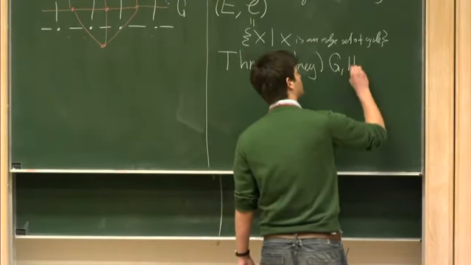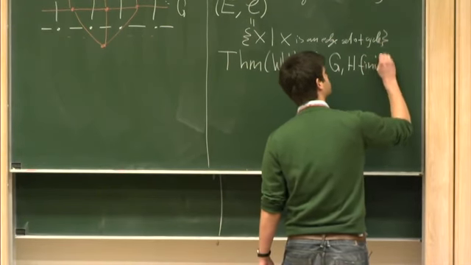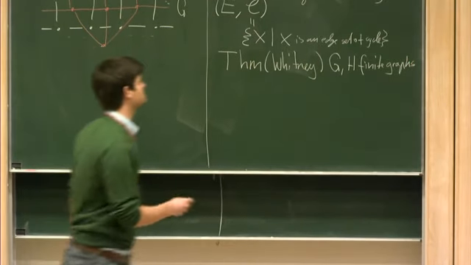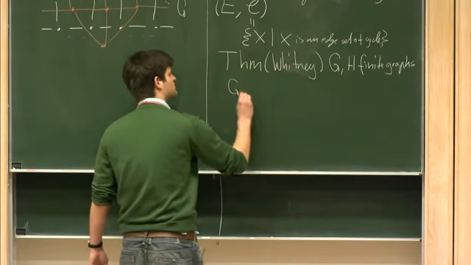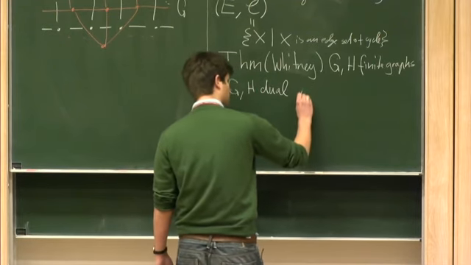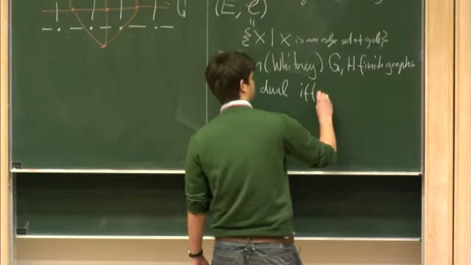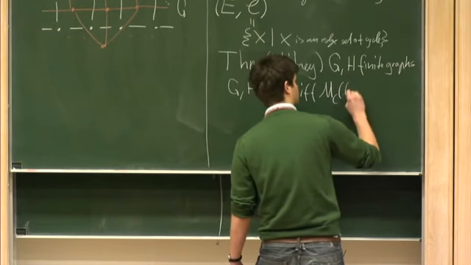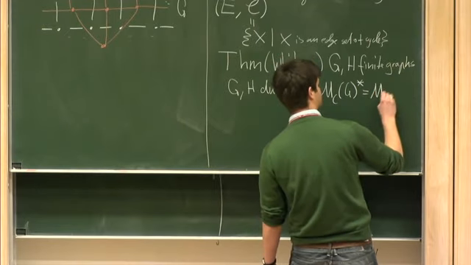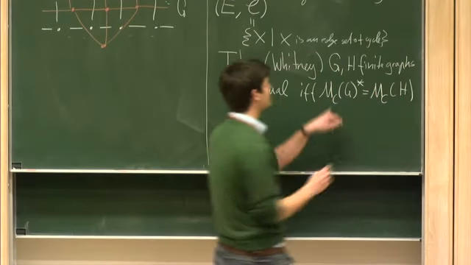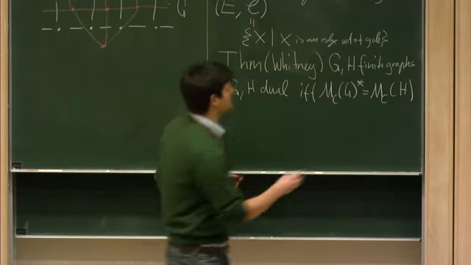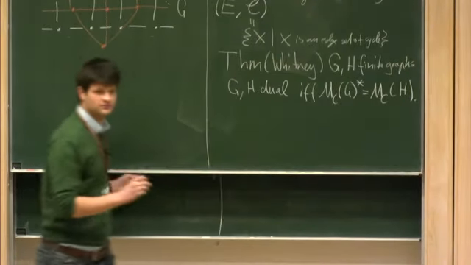Whitney also showed that if G and H are finite graphs, then G and H are planar duals if and only if their cycle matroids are duals. Here dual is meant as matroids, where the matroid dual can be defined completely algebraically, and I'll give you the definition soon.